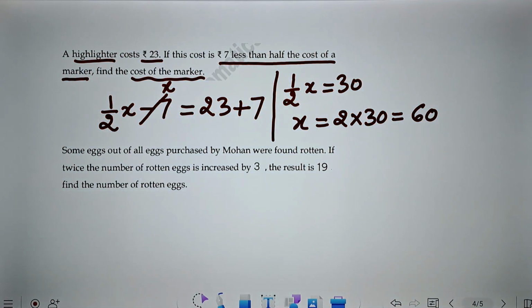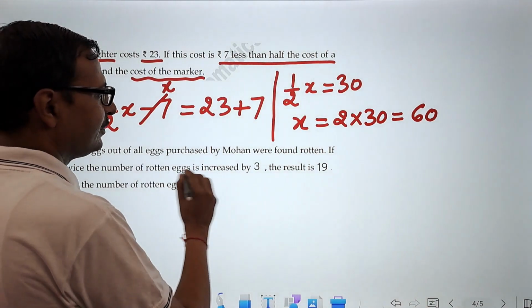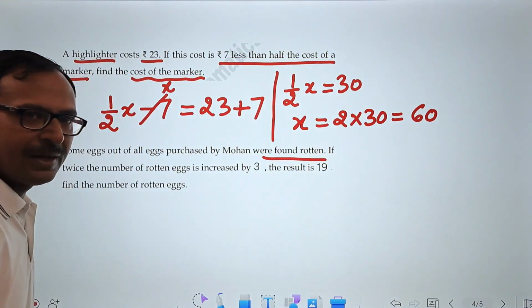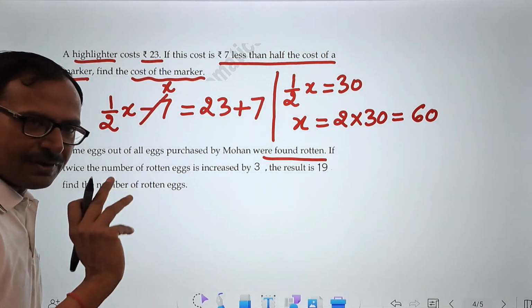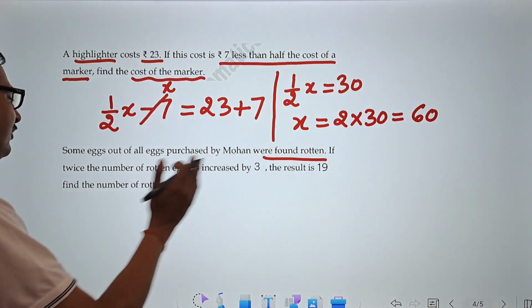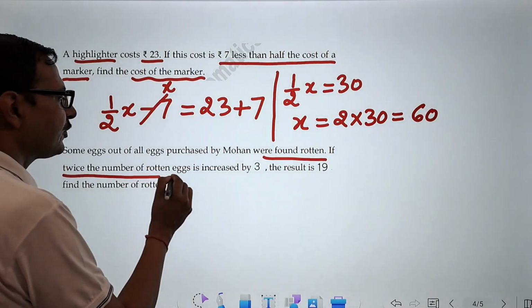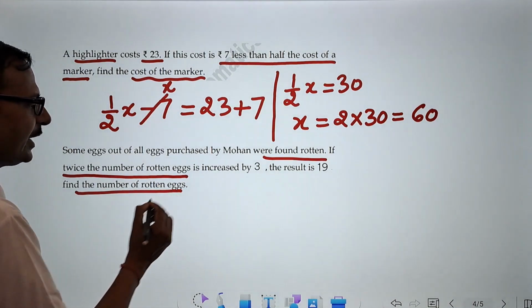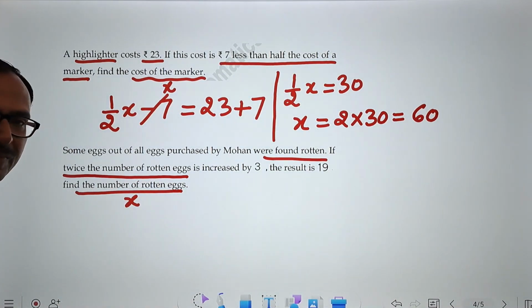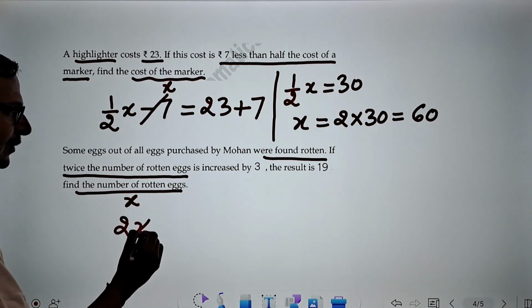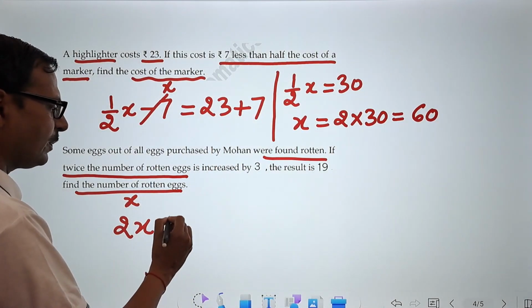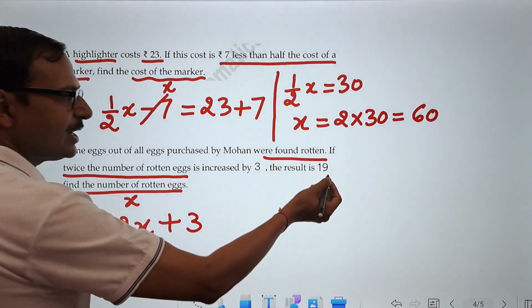Likewise, we have a question here in which there are some rotten eggs, and the question compares those eggs in different situations. So if twice the number of rotten eggs, so we need to find the number of rotten eggs, so we will assume this as x. Twice the number of rotten eggs, so 2x, is increased by 3, so plus 3, the result is 19.